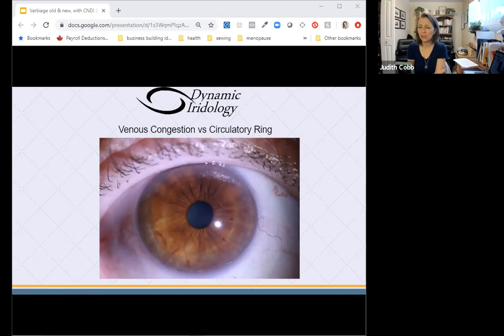I see a much stronger correlation with this sign when there's blood sugar imbalance, tired adrenals, or the person is prone to tired adrenals, because blood sugar imbalances and the predisposition towards adrenal glands getting stressed have a huge impact on peripheral circulation. So I always ask about cold hands and cold feet when I see this kind of thing, and then I ask about blood sugars and cravings.